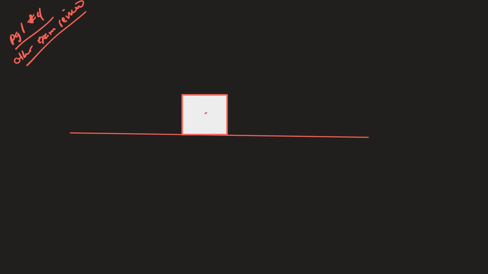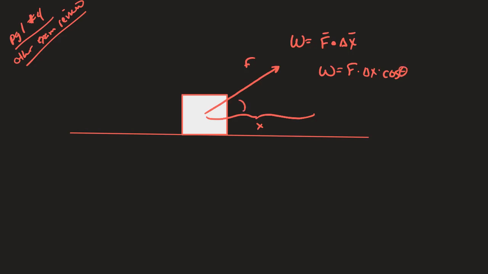The only scalar product we talked about was the one that has to do with work being done. That work was the scalar product between the force and the displacement, which meant that work was force times displacement times the cosine of the angle between them.